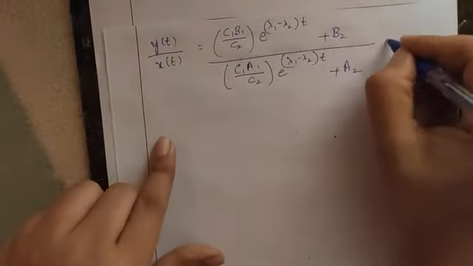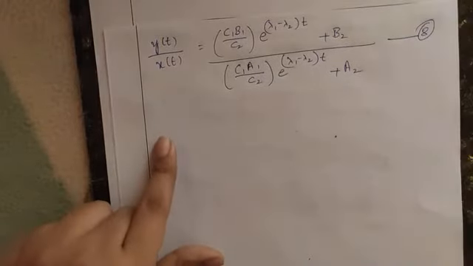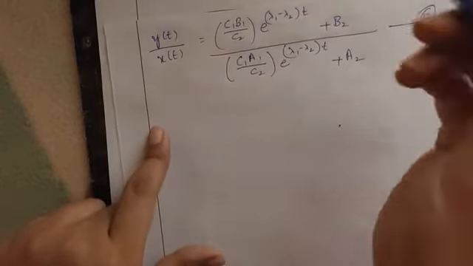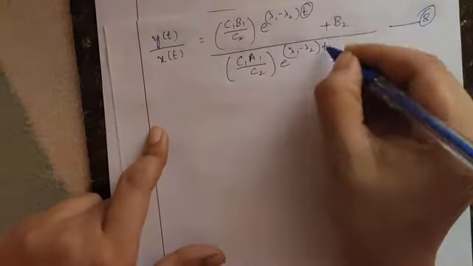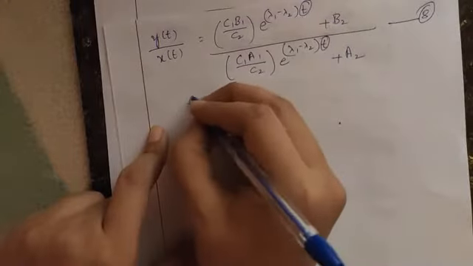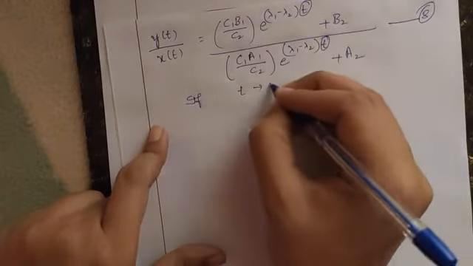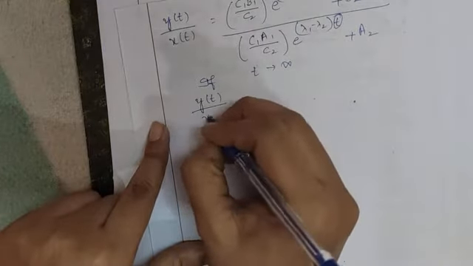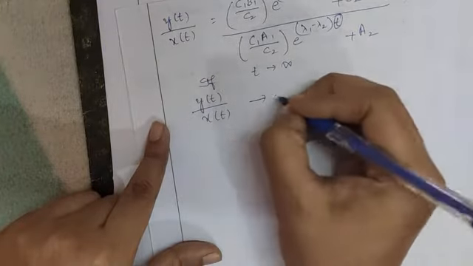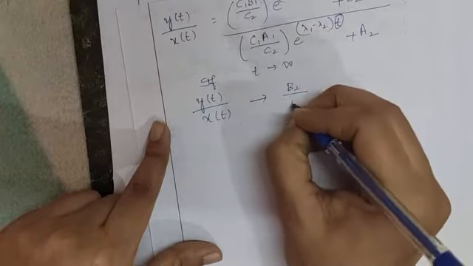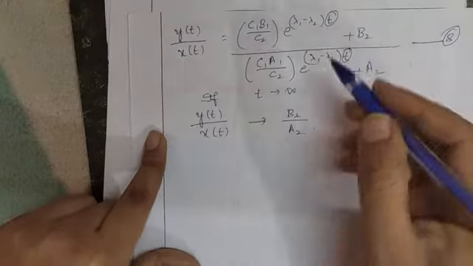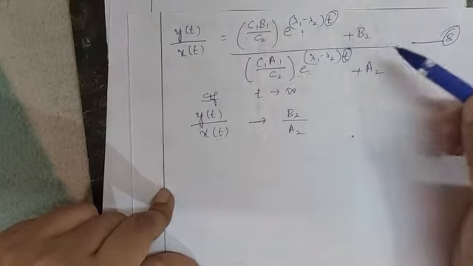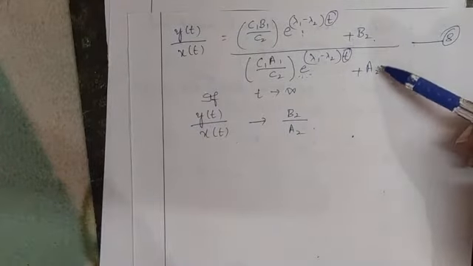We'll call this equation number 8. Now you can clearly observe that if t tends to infinity, y of t by x of t tends to b2 by a2, right? These two terms will be equal to 0 if t tends to infinity, so you will get b2 by a2.